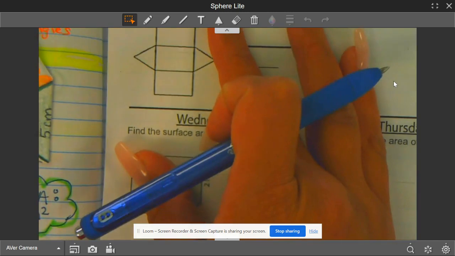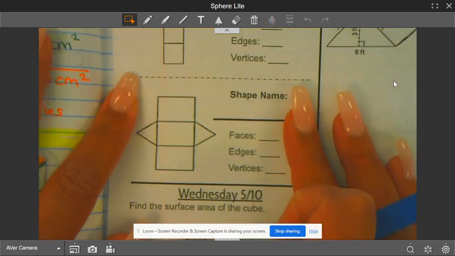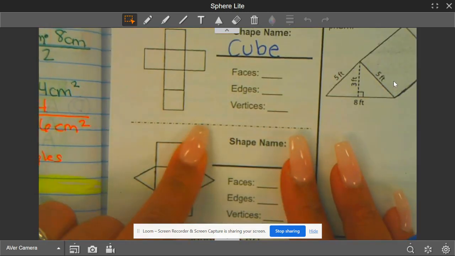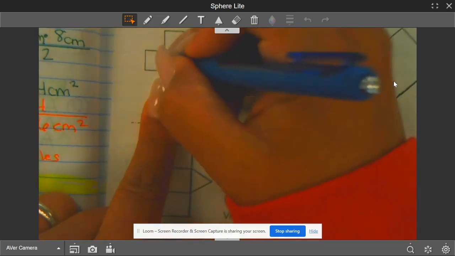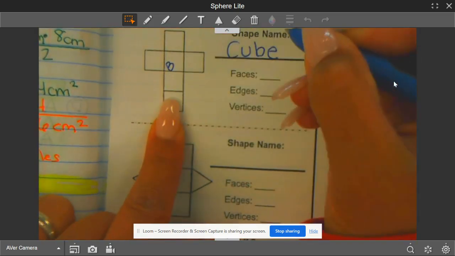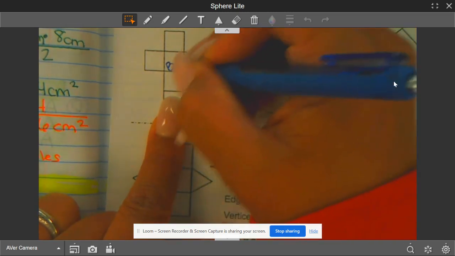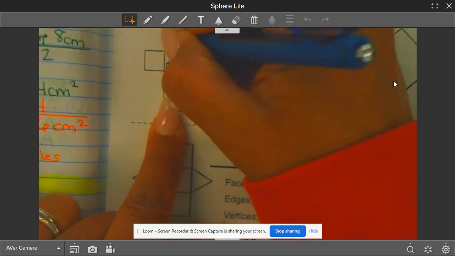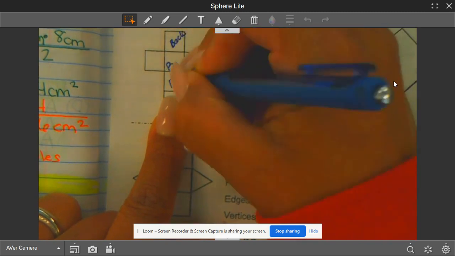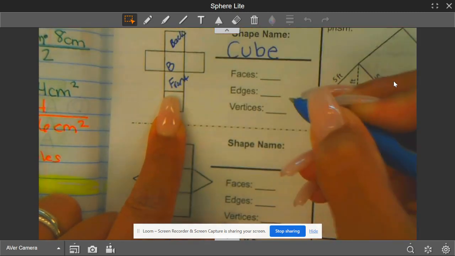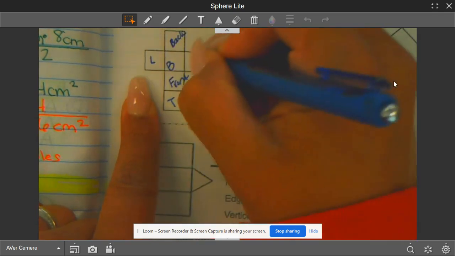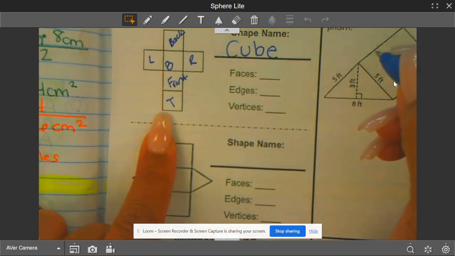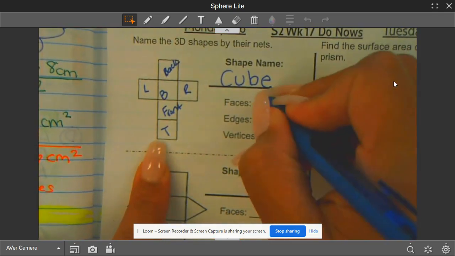So what this is asking us is, are these different things? So the faces, let's see, I have here the bottom, then I have the front, the back, the top, and then the left side and the right side. So how many faces is that? Yep, 6, good.